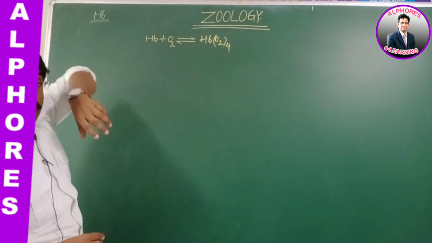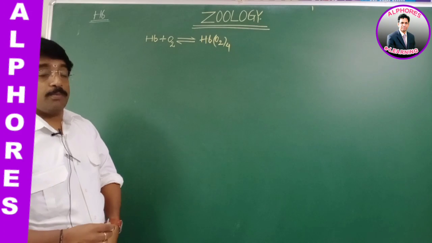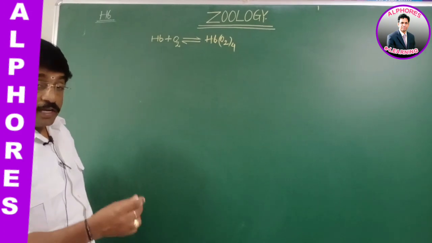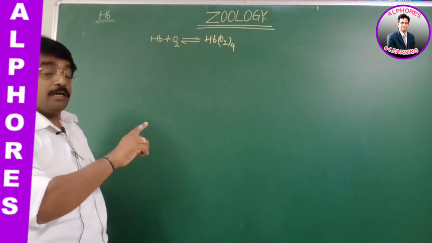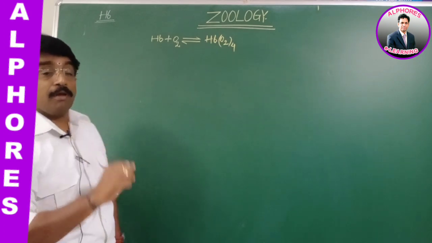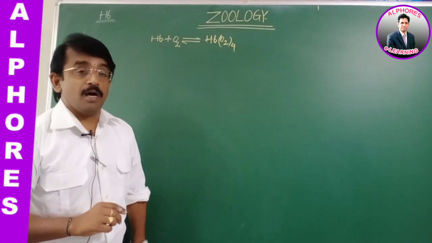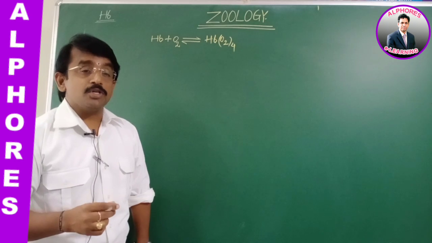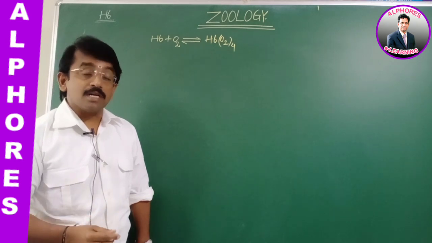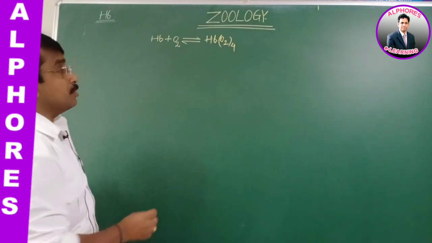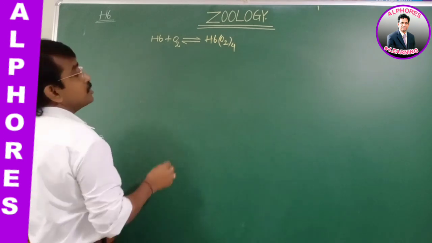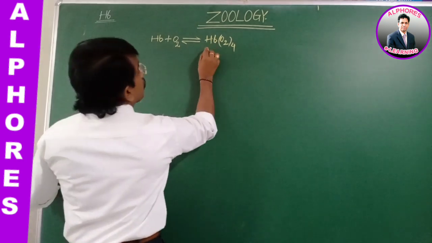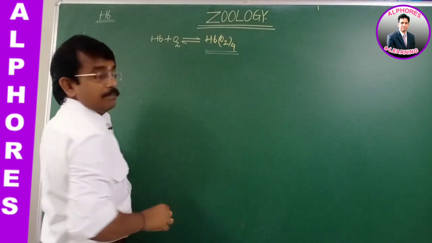Hemoglobin has 4 polypeptide chains, and each polypeptide chain is capable of binding with one iron, and each iron molecule binds with one oxygen molecule. So 4 oxygen molecules are carried by hemoglobin.